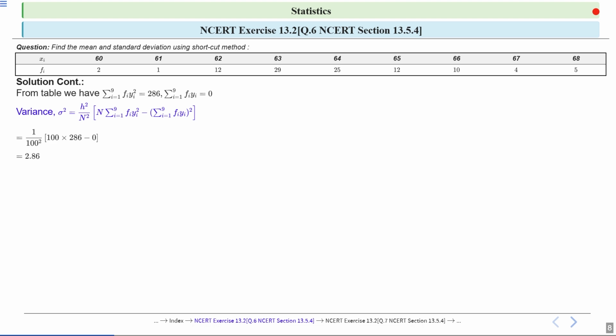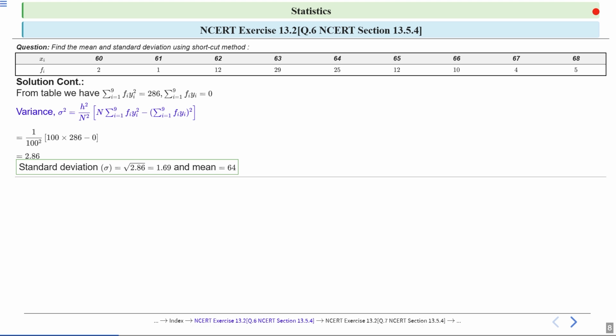Now let's simplify the calculation. 100 times 286 is equal to 28,600, and dividing by 100 square, which is 10,000, gives us 2.86. So the variance sigma squared is 2.86, and this is the spread of our data around the mean.